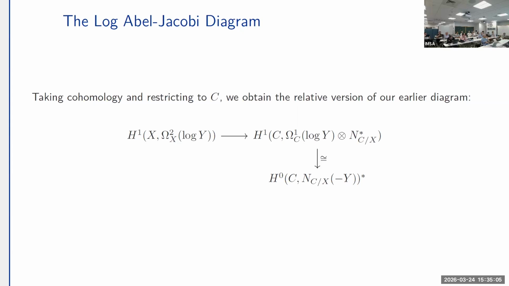So before I had the differential of the Abel-Jacobi, this was from the H0 of the normal bundle of the curve to H1 of omega X squared dual. And here I'm doing something, but now I'm taking into account Y. So if you dualize this map, this one is going from H0, but now I'm twisting the normal bundle.